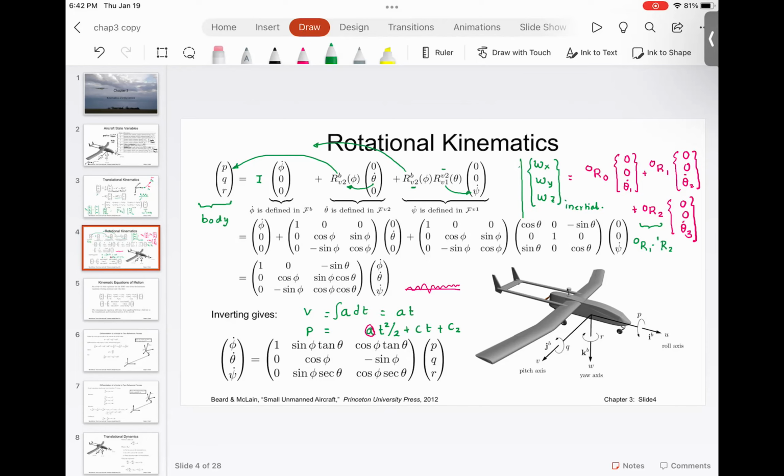If you have not understood, ask me now. This topic is conceptually very, very important. Any questions? Please understand those individual rotations are in their own respective frames, and those frames finally need to be converted to the body frame, because PQR, just like UVW, are expressed in the body frame.